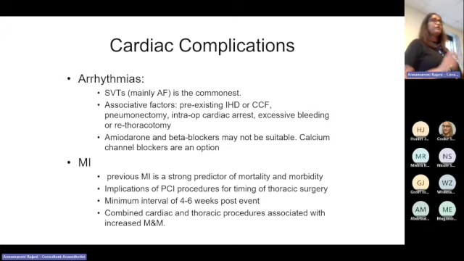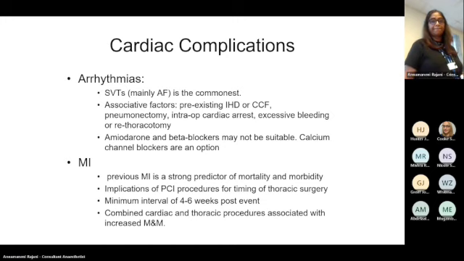And if you were to want to do both cardiac and thoracic surgeries, a lung resection at the same time, the mortality is really very high. The reason for that is that the stress response to surgery would be quite significant in these patients in those situations.